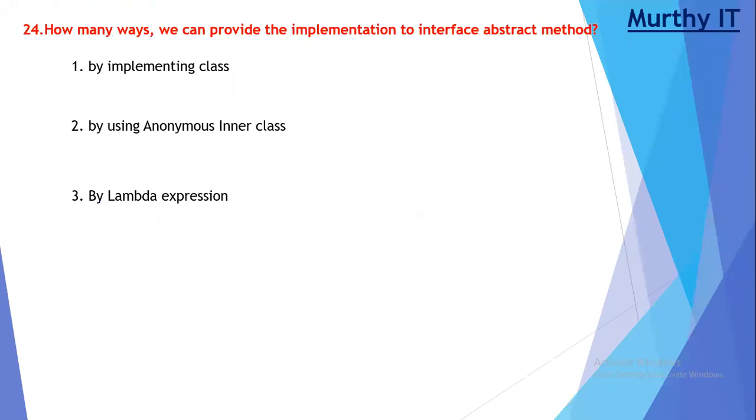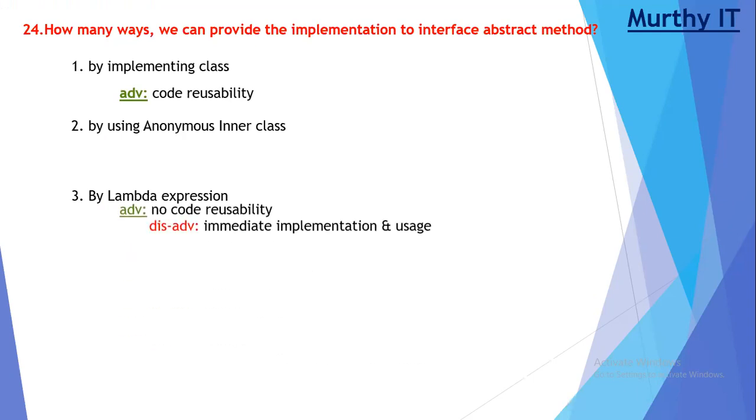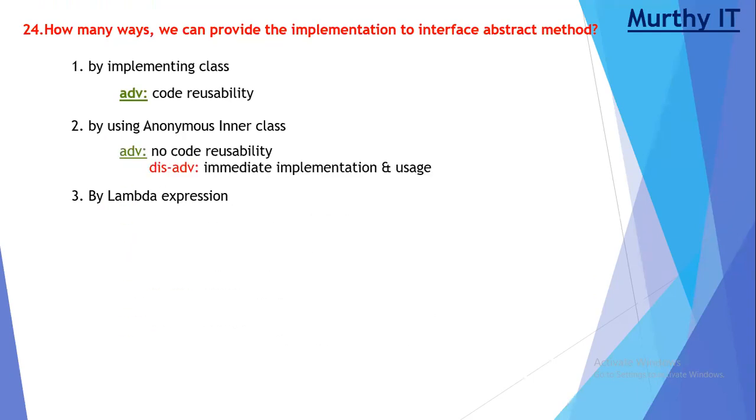We'll see the advantages and disadvantages. By the implementing class, the advantage is code reusability. By using an anonymous inner class, the advantage is what? No code reusability, so the advantage is immediate implementation and usage.